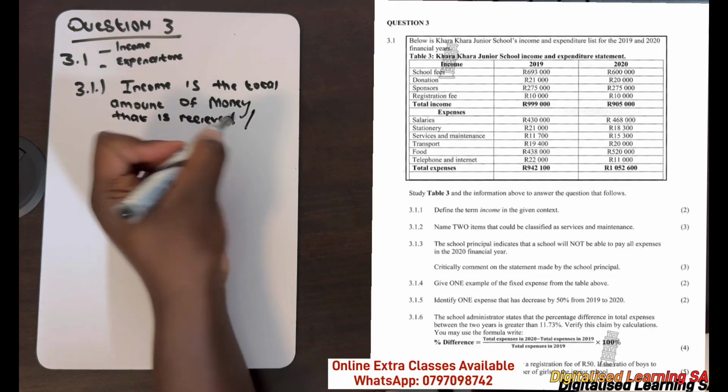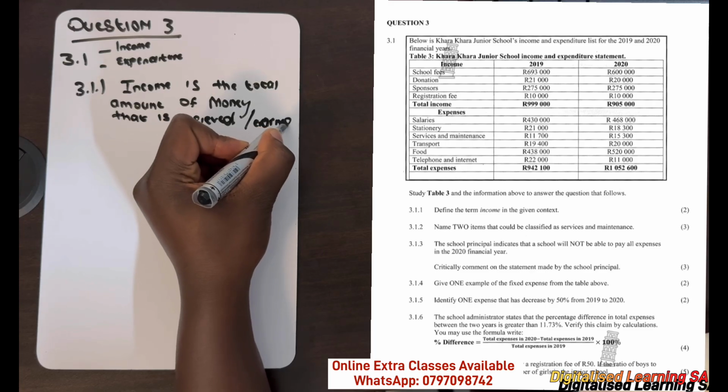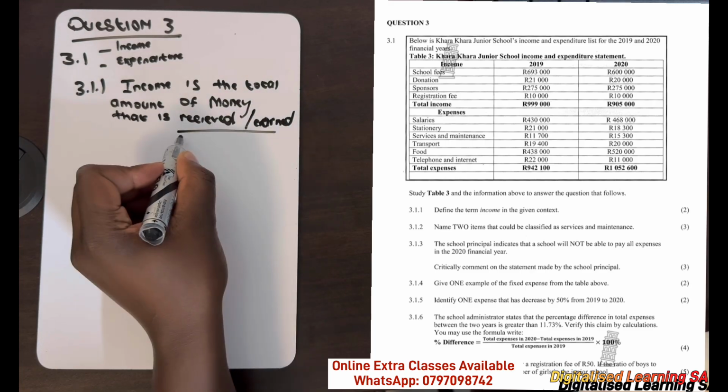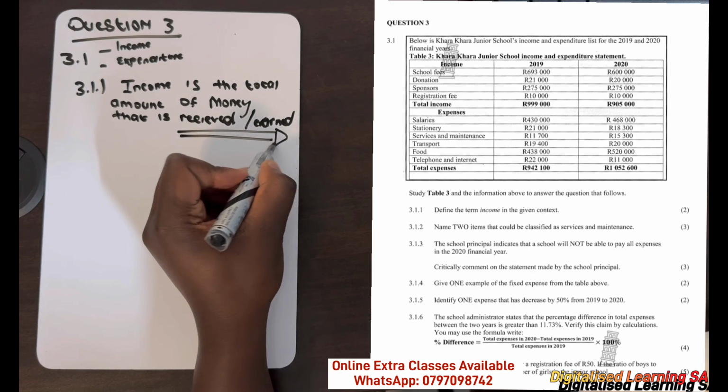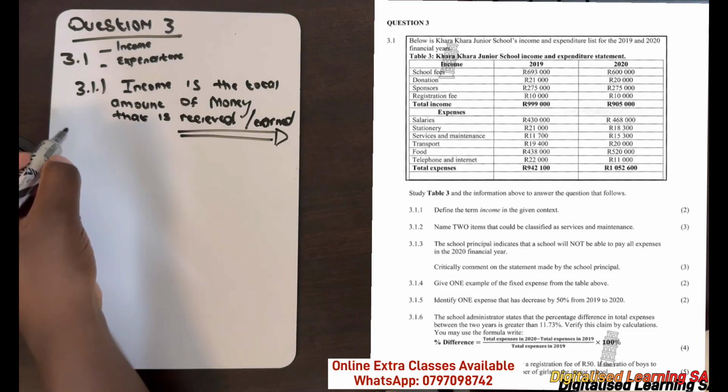We can say received or earned. So if you earn money, that money is called income. And if you receive money, that money is also called income. So now let's go to question 3.1.2.